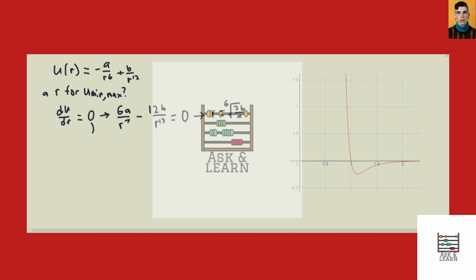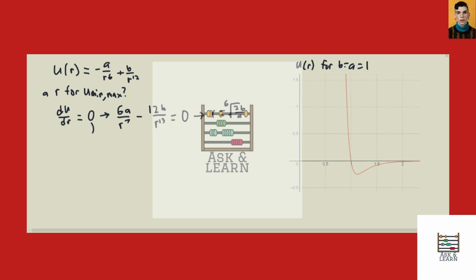We can see we have a minima here, and this is a graph of U of R for B and A both equal to 1. B and A are just physical constants describing the particular molecule. So we see that at the 6th root of 2, we're going to have a minimum.